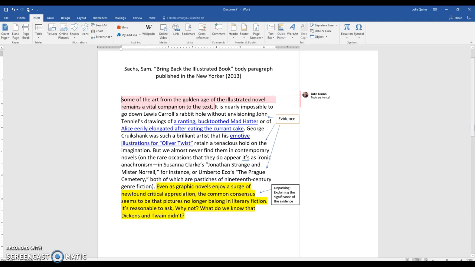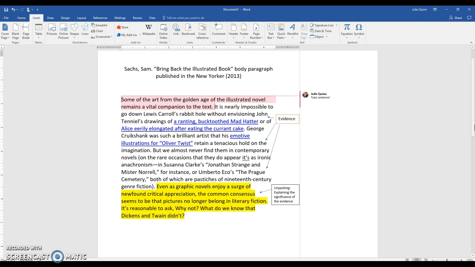The evidence, sufficient and relevant evidence, is a key to a really good critical analysis essay. So your body paragraphs have got to hone in on specific details. They have to be encapsulated with a clear topic sentence that uses nouns and unpacking. This is the way to get an A.